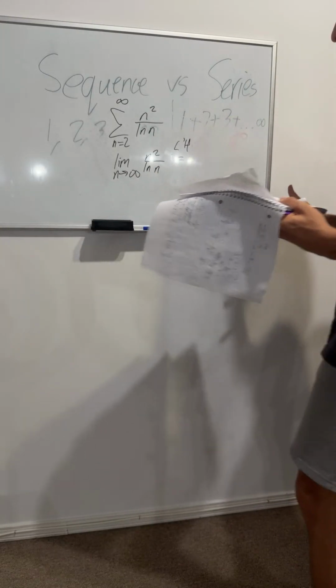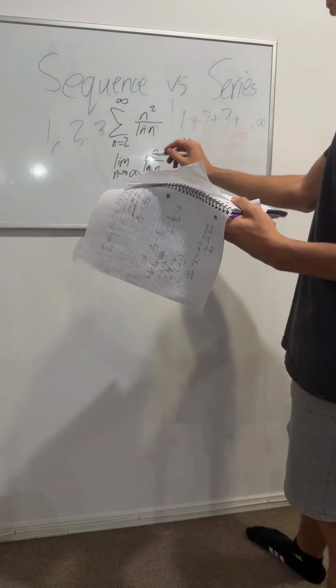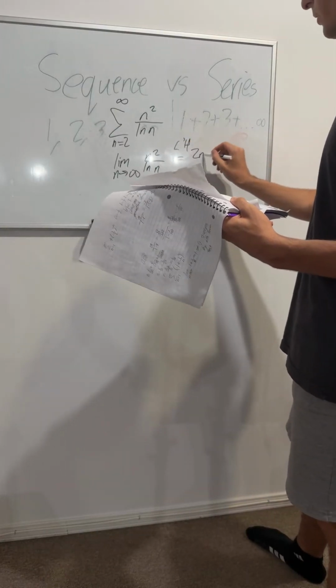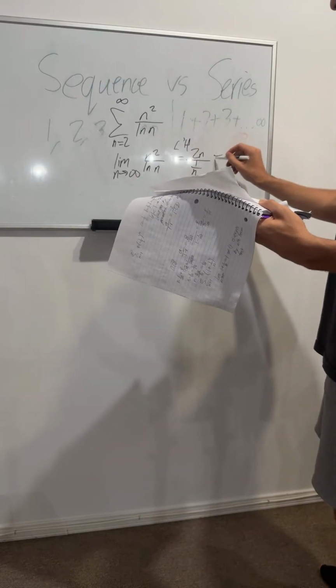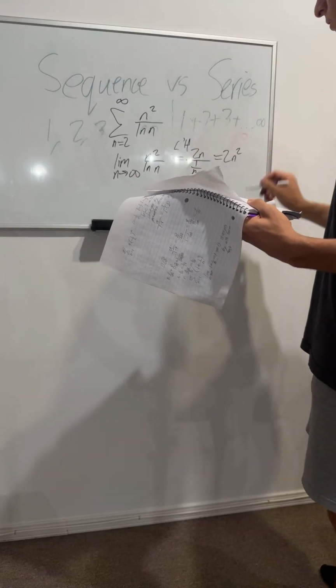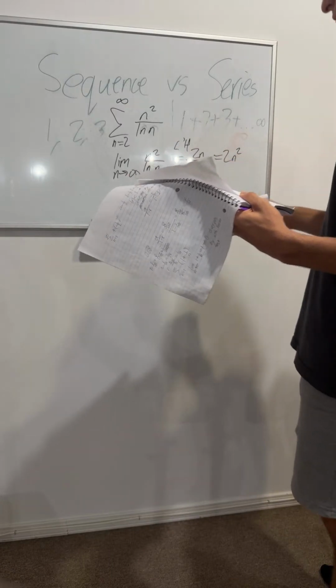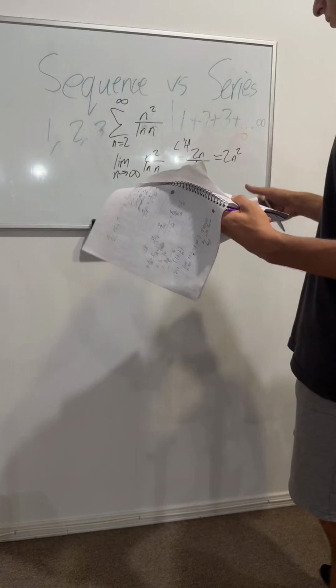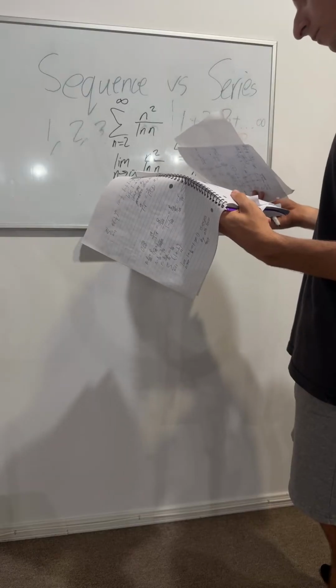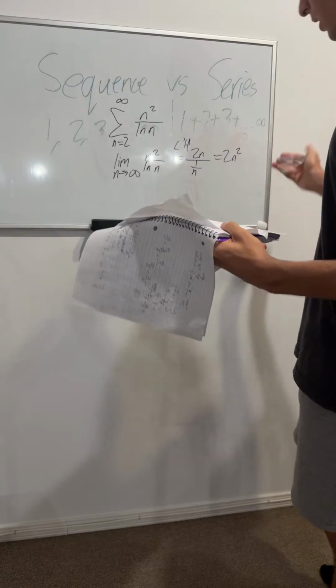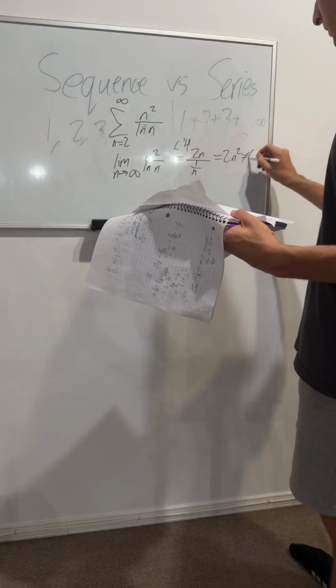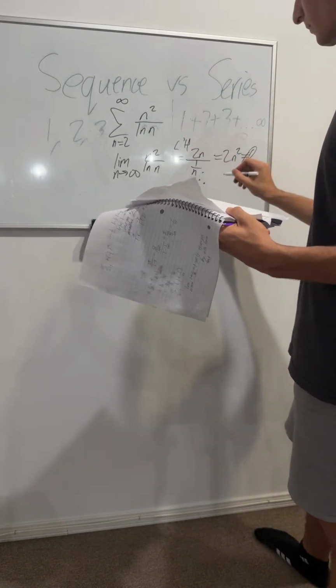Using L'Hopital, this becomes 2n over 1 over n, so it becomes 2n squared, and we know that n goes to infinity, right? Yeah. 2n squared is not equal to 0.